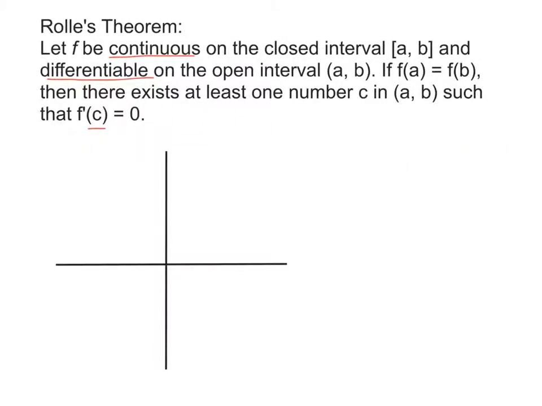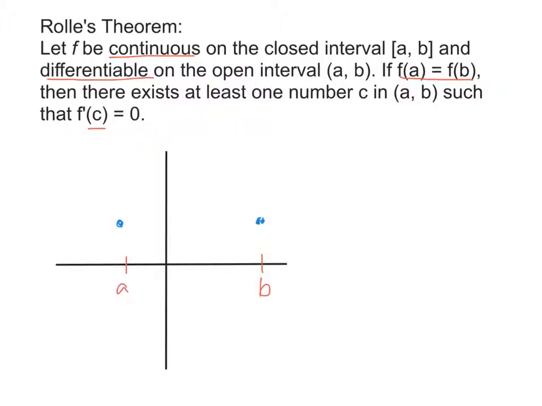Okay, so let's say I've got some function, and I know that my f of a is equal to f of b. So, somewhere, I don't know where, maybe over here, I've got my a value, and somewhere over here I've got my b value. These are the edges of my interval. And if f of a is equal to f of b, so the y values at each of these points are going to be the same, they have the same y value.